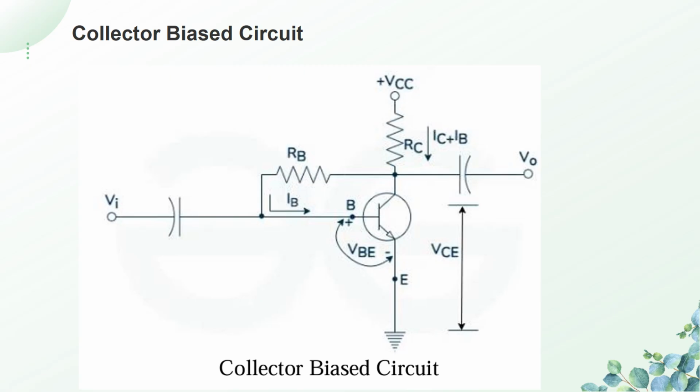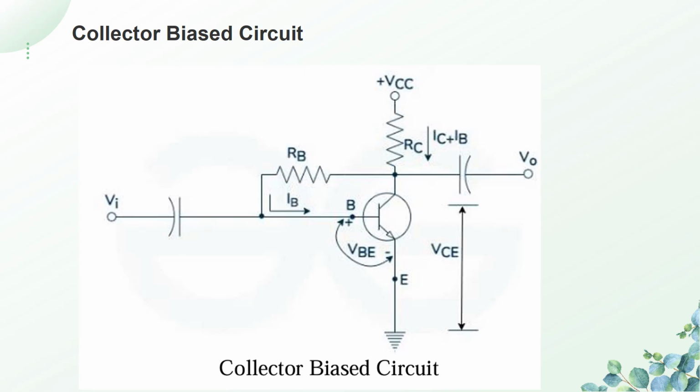For better stability, we should have a lower value of RB and a higher value of RC. But even in the cases of tuned circuits or transformer coupled circuits, it is not possible to have higher values of RC. In such cases we have to go for some other method of biasing.